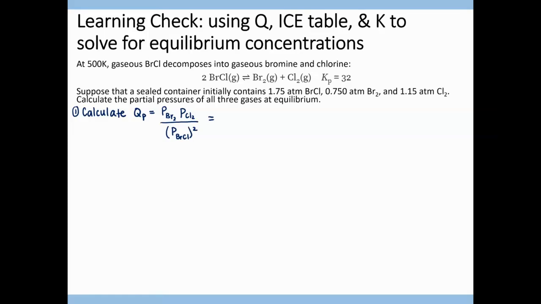So Br2, 0.750 atm, Cl2, 1.15, BrCl, 1.75 squared. And then this value is 0.282.